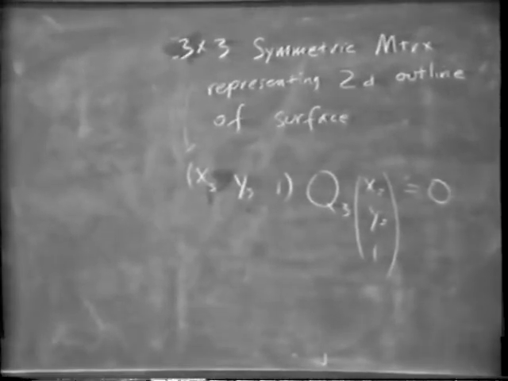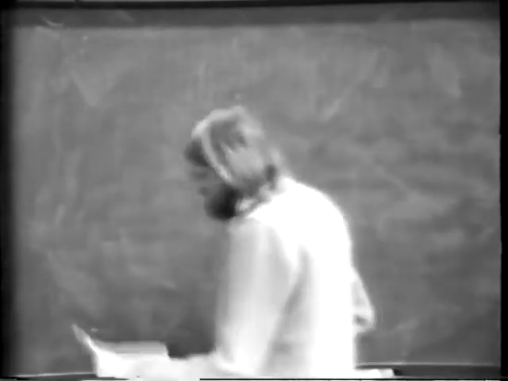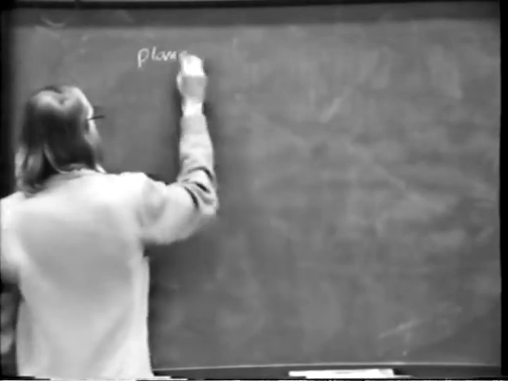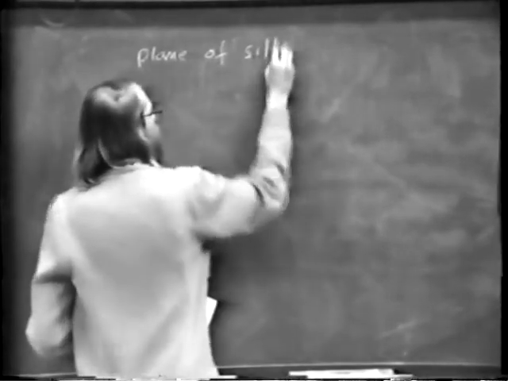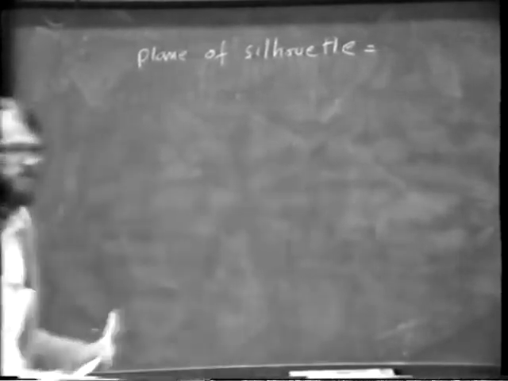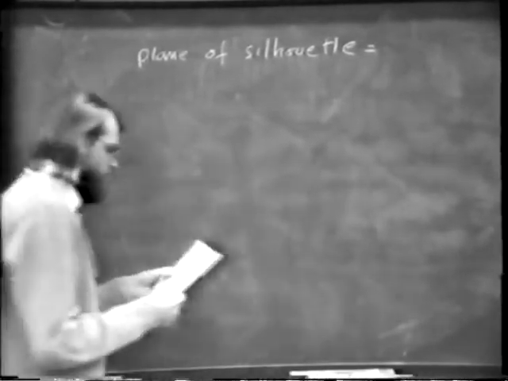Well, we reach back a couple pages in our notes and we discover that someplace a little bit earlier on I was talking about the plane containing the silhouette outline of the surface. That's where the z component of the normal vector is 0, right?